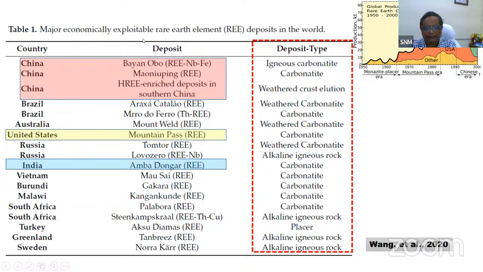These are the different deposits and different types. I can see in Turkey we have a placer REE deposit. Here in Andhra and Telangana we have also tried to work on placers.